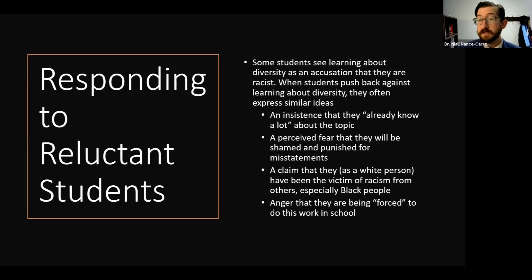But as long as there doesn't seem to be a violent subtext to their anger, they just feel attacked at having to learn about racism, I often find ignoring the subtext is a productive thing to do, rather than saying, your anger is clearly rooted in your own racism, which isn't going to get either me or that student anywhere. Instead, treat the anger as if this is a surprising result of a normal assignment.